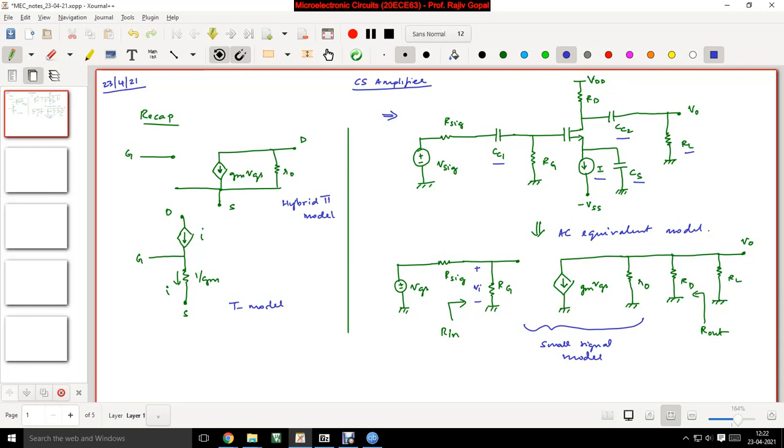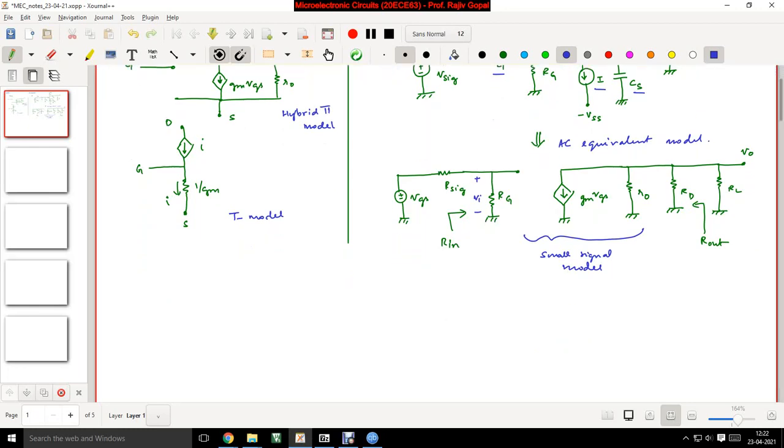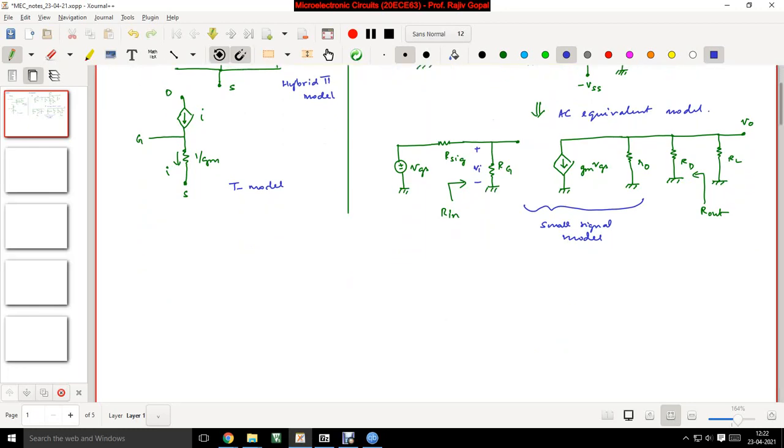So from this we derived a few expressions. One is Rin. From this we saw Rin turns out to be simply RG, so that we established.